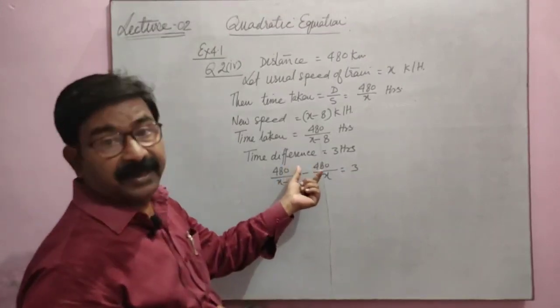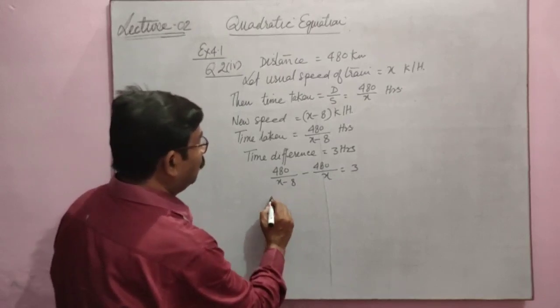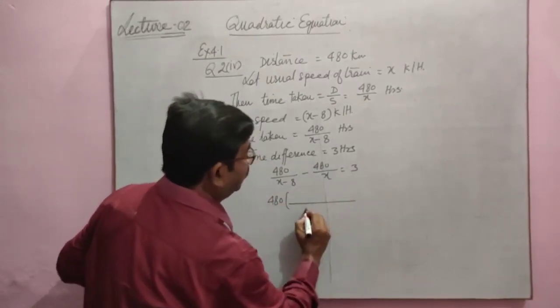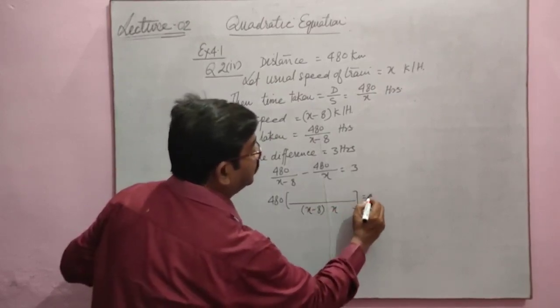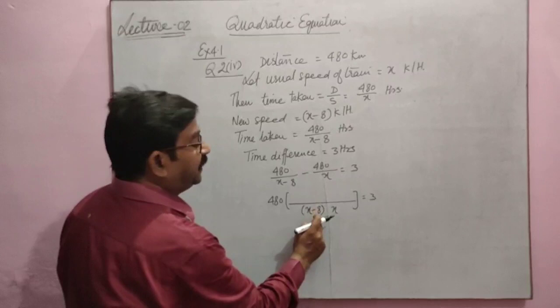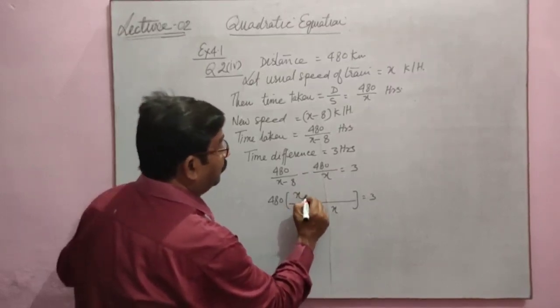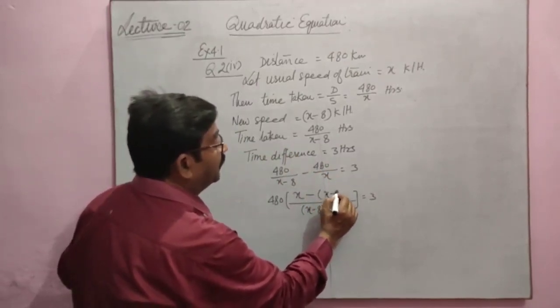The numerators are the same, so you may take 480 common. The LCM is (x − 8) and x. Here x − 8 and x − 8 will cancel, and we have x left. So x minus x... we have x − 8.